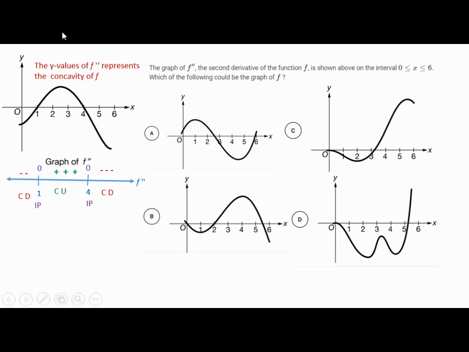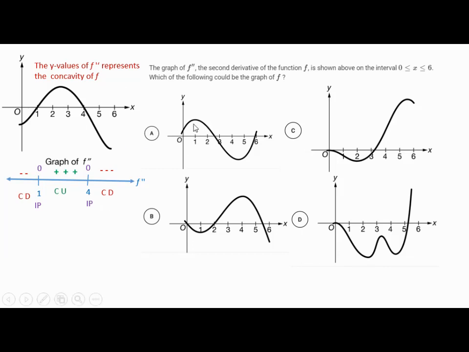So if we look at option A, the interesting thing here, at 1, it's doing something funky. It has a slope of 0, and it is concave down, and it has a relative max. Now that does not match up with what we have here, because at 1, it's supposed to be an inflection point, which means it doesn't have concavity. It's supposed to be changing its concavity.